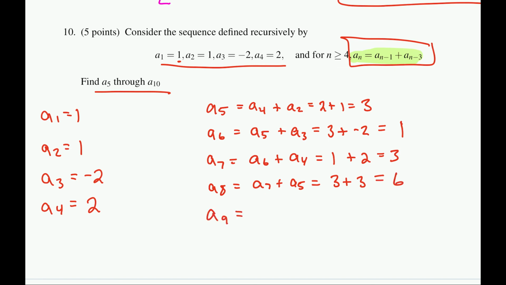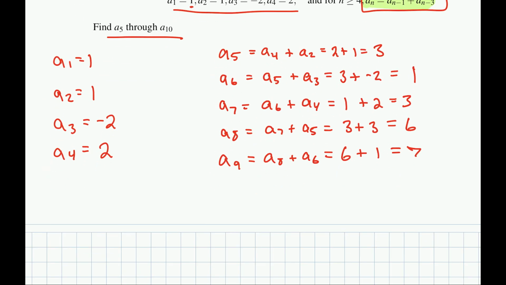A9 is A8 plus A6. A8 is 6, A6 is 1. So we have 6 plus 1, which is 7. Finally, A10 is going to be A9 plus A7. So A9 is 7 and A7 is 3. So we end up with 10.